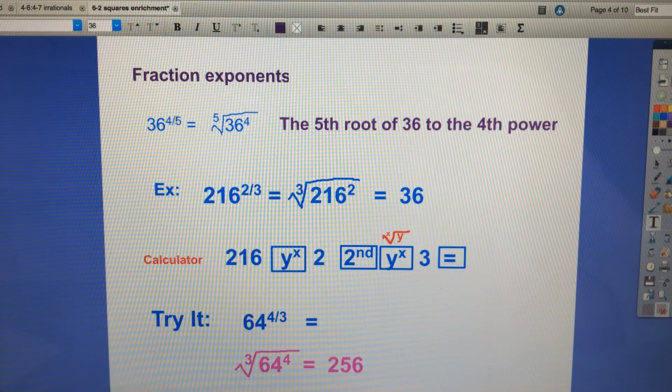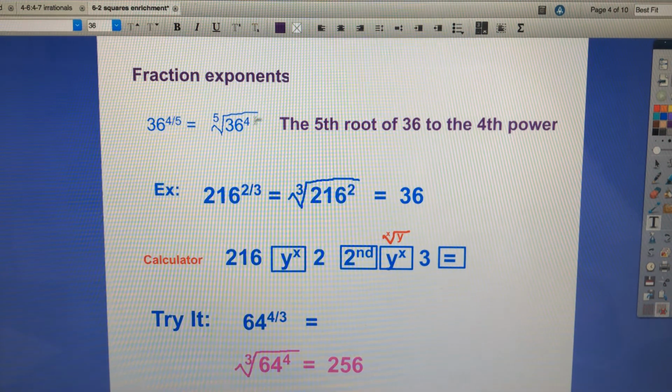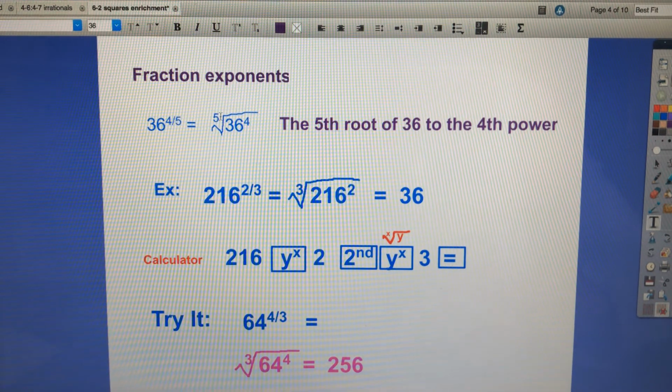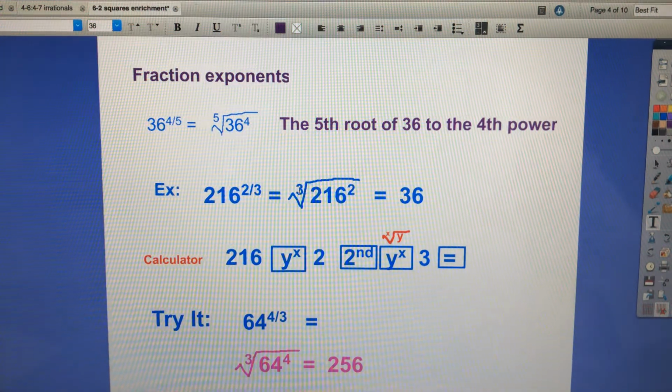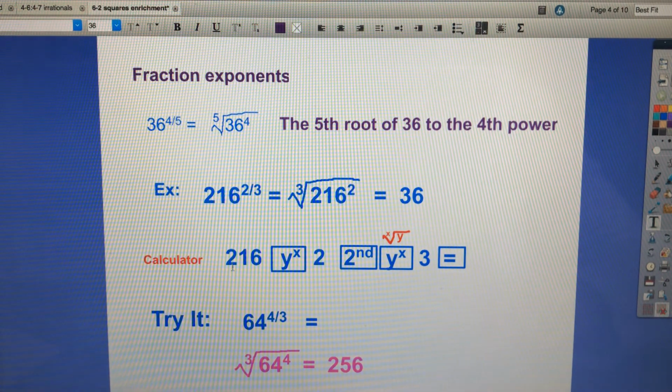36 to the 4/5 power, that is 36 to the 4th power, index 5. The 5th root of 36 to the 4th power. 216 to the 2/3, 216 to the 2nd power, cubed root. 216, y to the x, 2.